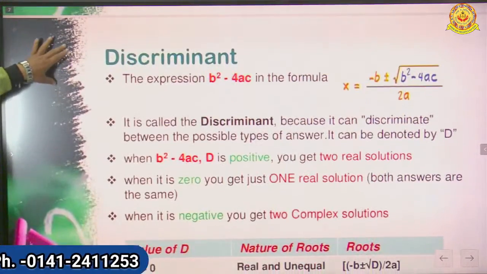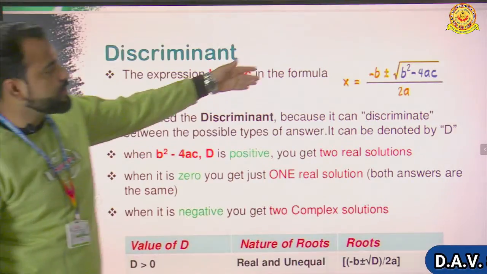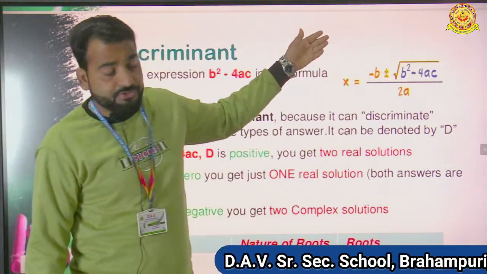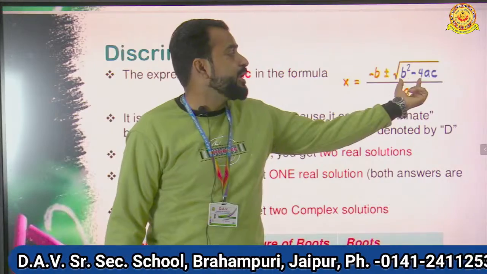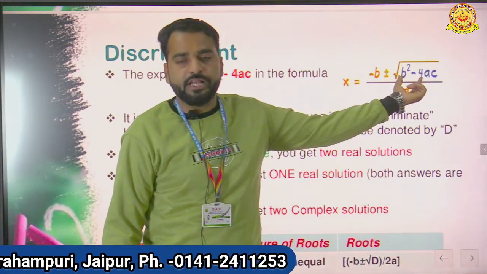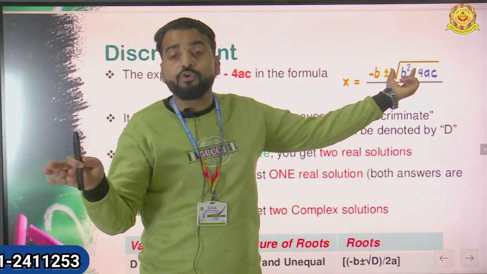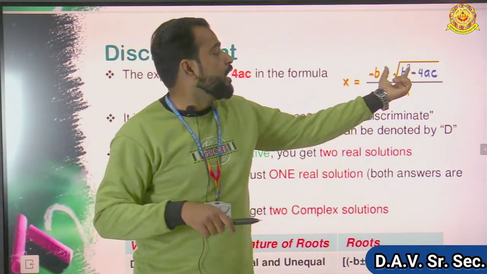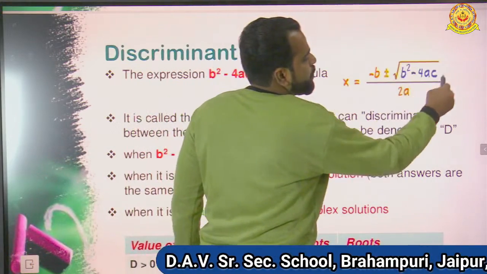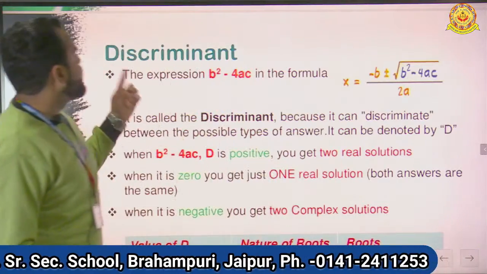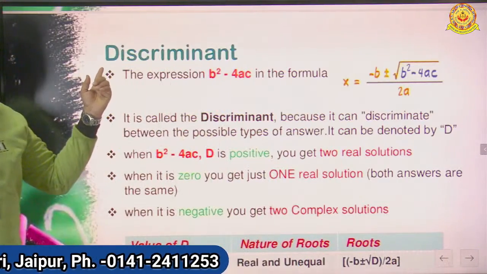Now here it is the discriminant. What is the discriminant in this formula? We can judge the discriminant by finding only this square root value, b square minus 4ac. Without the square root we have to check, right? That we can write it here, b square minus 4ac as d. D stands for discriminant.